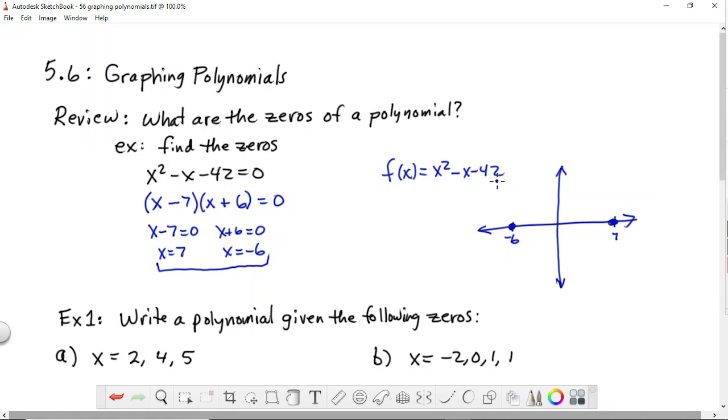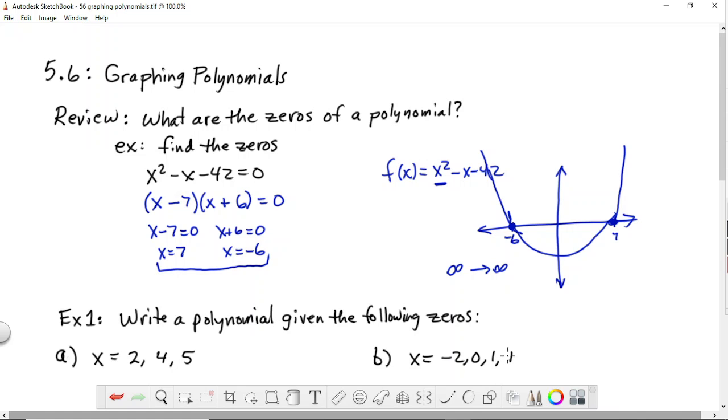We look at the term that has the highest power of x, and it's an even power, and the term itself is positive, so the end behavior looks like this, right? As we go far to the left, it goes up, and as we go to the right, it goes up. We know it crosses the axis at these points we just found, so it must do something like this. And we've graphed it using end behavior.